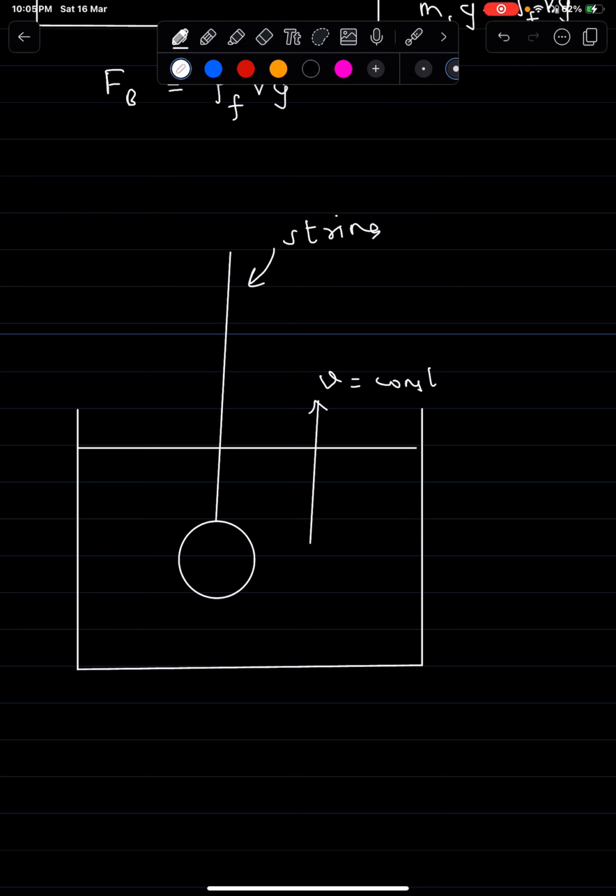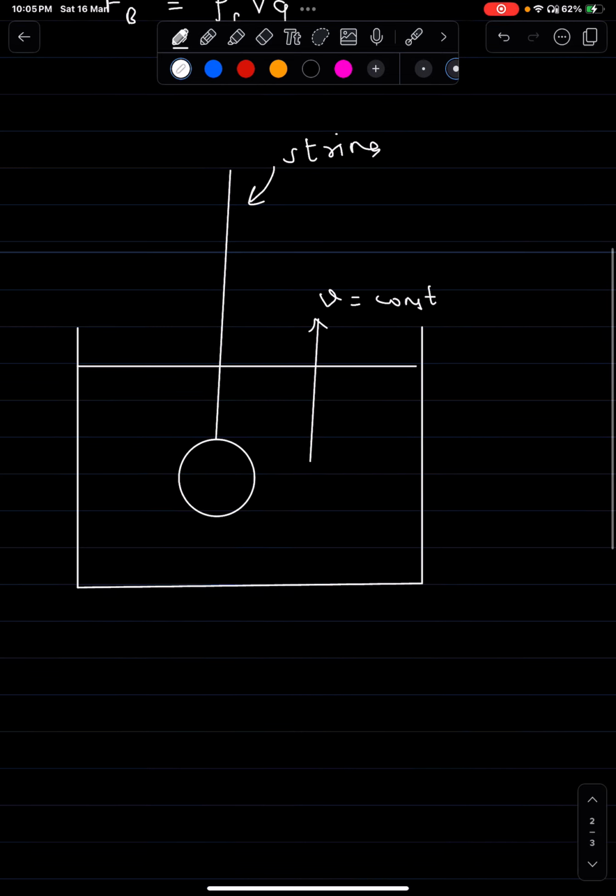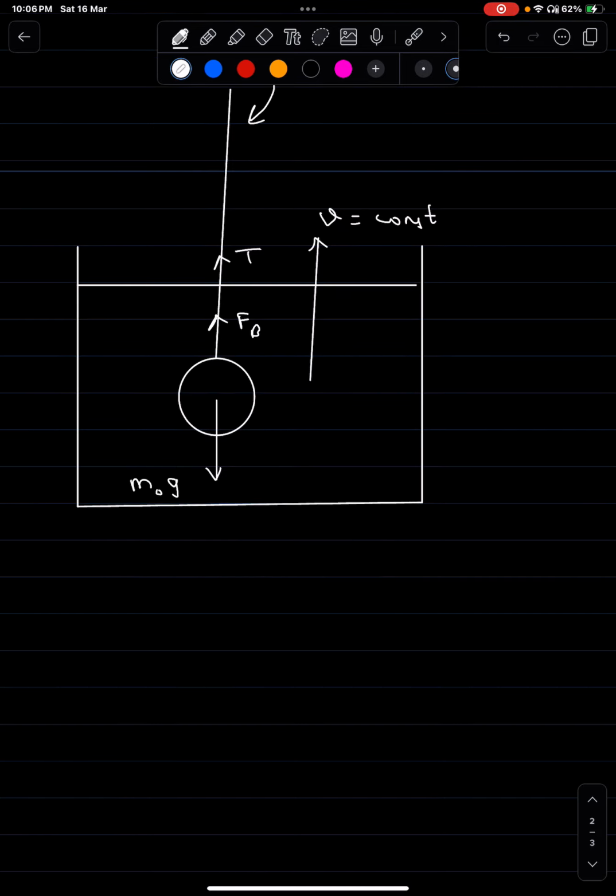Very good. What are the forces acting on the object? It will be the gravitational force, that is mass of object into g acting in the downward direction. The buoyant force will act in the upward direction, and the tension in the string will also act on the object in the upward direction. Now, since the velocity of the object is constant, the net force on the object is zero.